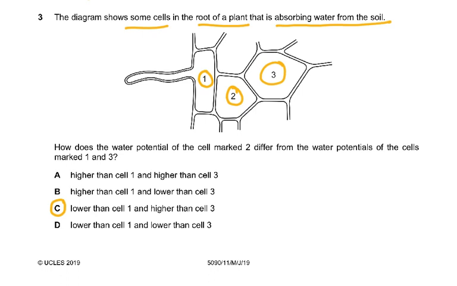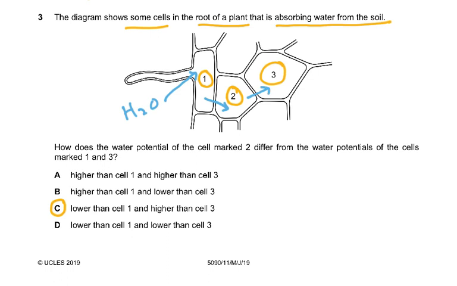So you have to understand that the water must have been in the soil, so it must have entered cell 1 through the root hair cell, and that will increase the water potential of cell 1. But then why would it move into cell 2? Because cell 2 had a lower water potential. But then why would it move from cell 2 to cell 3? Because 2 had a higher water potential than 3.